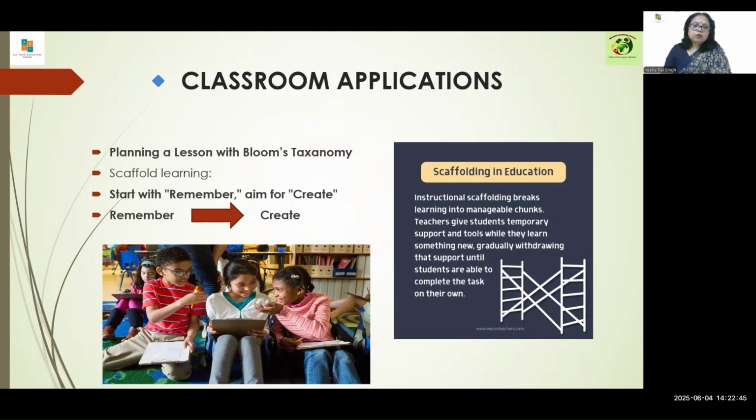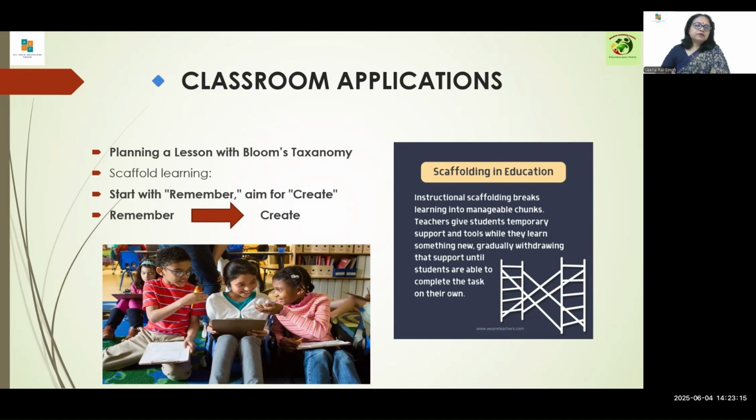We have to be very careful when we are planning the lesson. Very important, and one term which has been given for us to understand is scaffold learning. So scaffold learning means what? That we break down a concept into smaller portions and then gradually we expect the child should learn it.